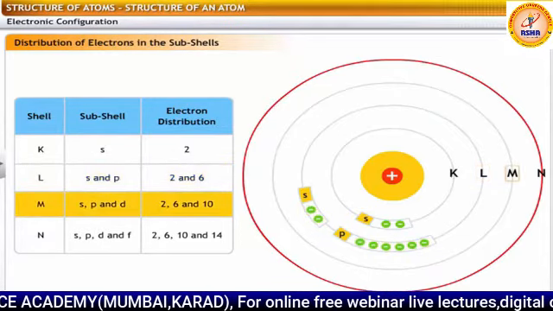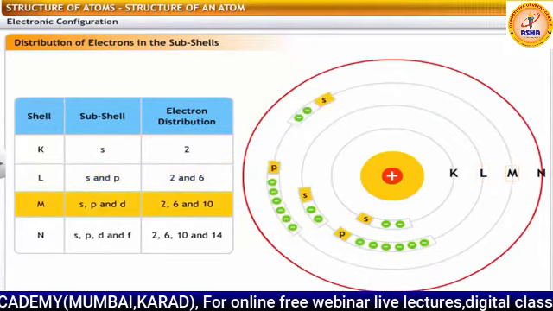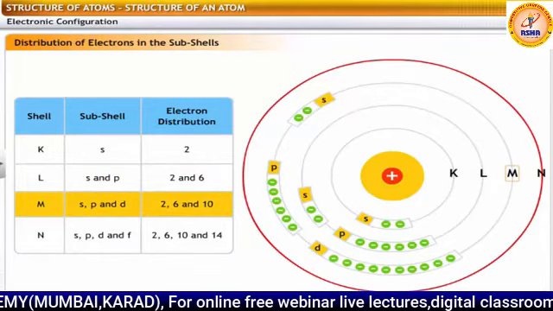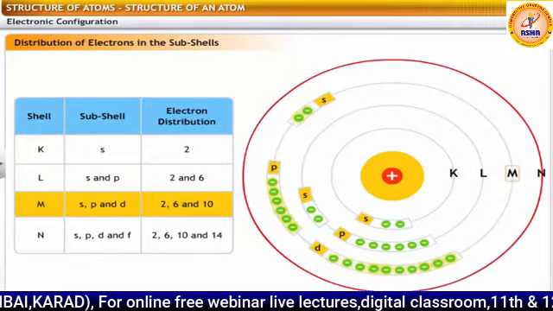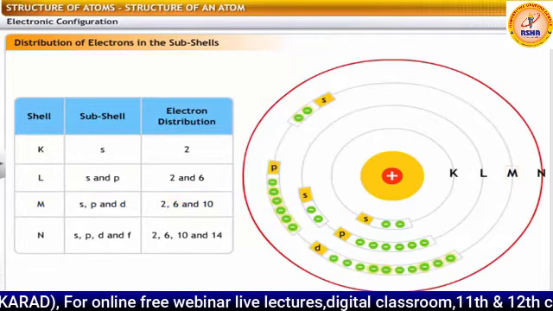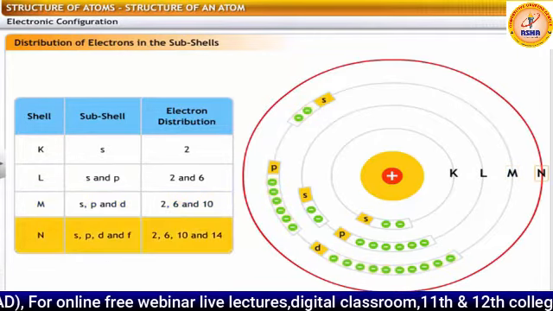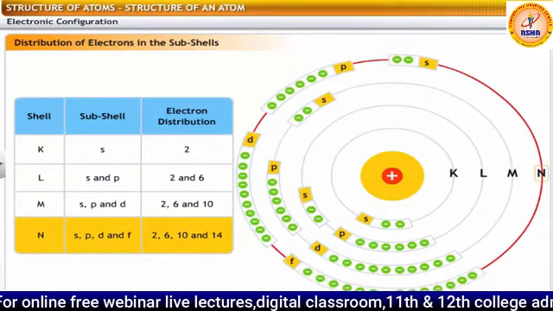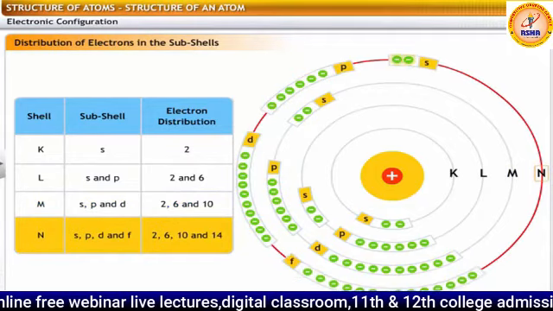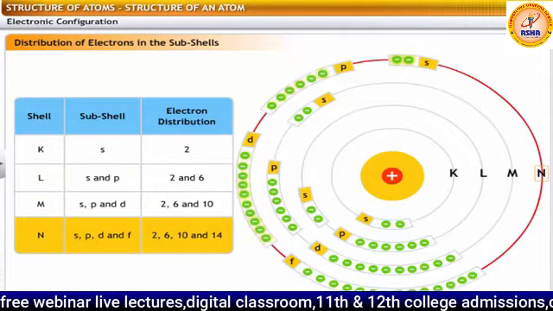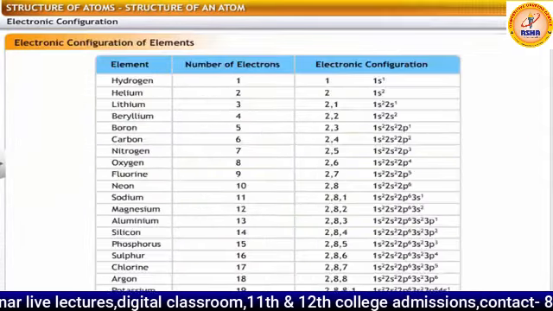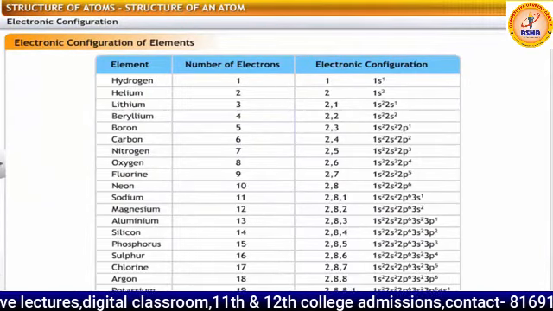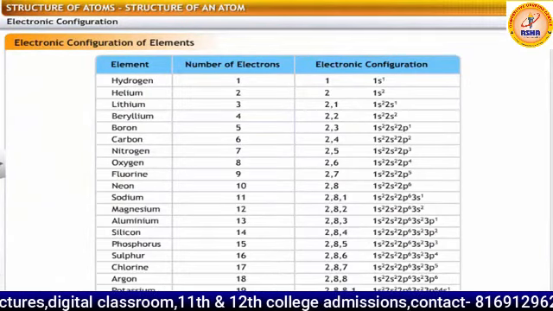M is the third shell and has S, P, and D subshells, which accommodate 2, 6, and 10 electrons respectively. Next is the N shell with S, P, D, and F subshells accommodating 2, 6, 10, and 14 electrons respectively. Let's observe the distribution of electrons in the given 20 elements.